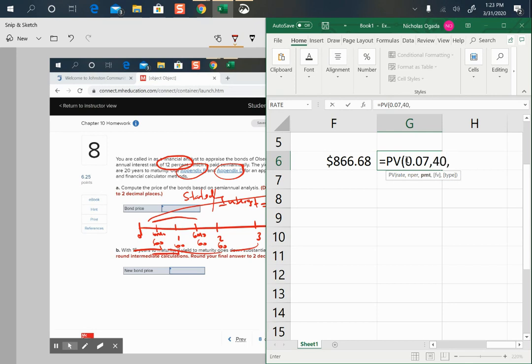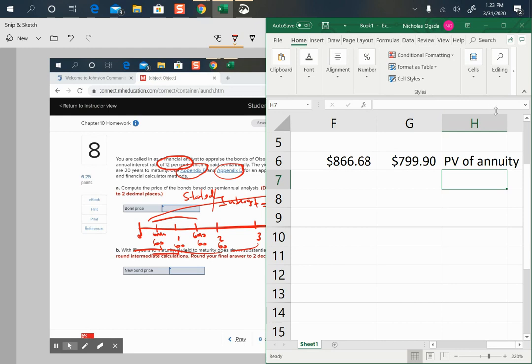Our payment is $60 every period, and our type here is at the end. You just put zero or you can ignore it, and therefore the present value of only the $60 payments is going to be 799.90. Remember, this is the present value of the annuity payments, which in this case is the $60 that you're seeing.